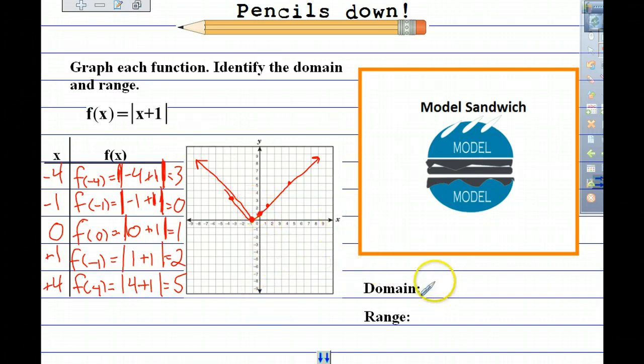What's the domain? What numbers are you allowed to plug in? All real numbers. You can plug in any negative or any 0 or any positive, right? Now, what's the range?